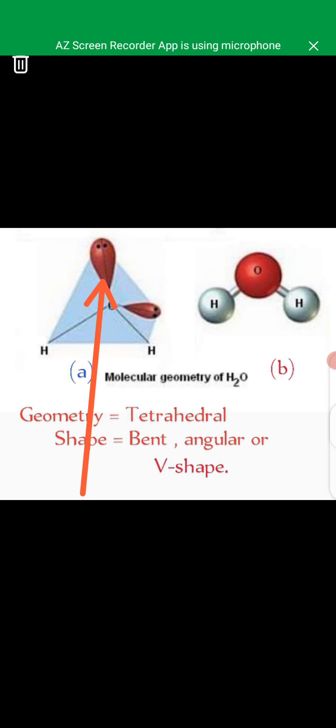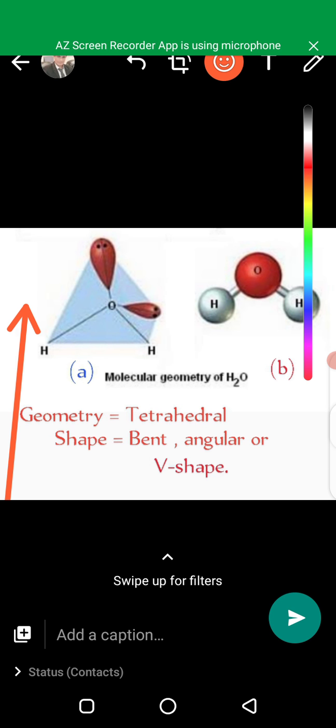But oxygen also has 2 lone pairs of electrons, one is this and one is this one. If we consider the structure of this water molecule in consideration of these lone pairs as well, that will be called the geometry of that molecule, I mean water. And here I have written the geometry of the water molecule as tetrahedral.